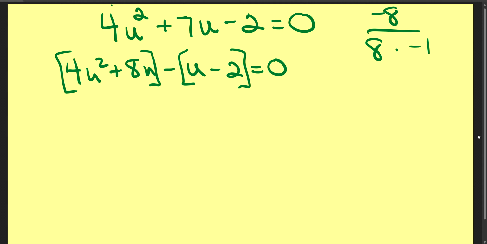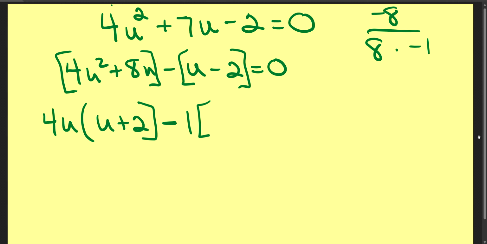Now factor the left side. So 4u comes out, and what's left is u plus 2, minus, and here 1 comes out, and I'm going to have u plus 2 equals 0. Take out the u plus 2.